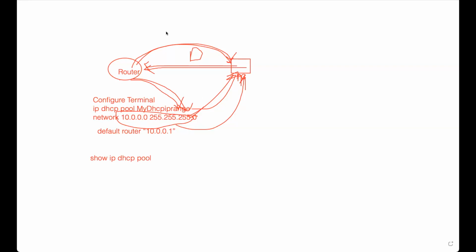That is why there is a concept called DHCP snooping. Meaning, any other rogue device can send a response for the DHCP discover message or offer message.